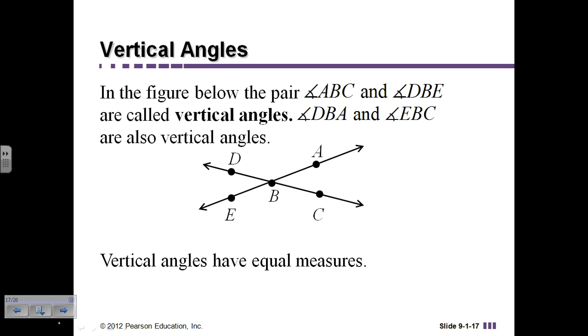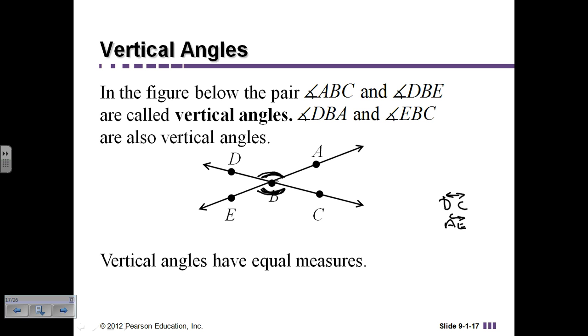So in this case I have line DC, and I have line AE, and they're intersecting at point B. So AE and DC form vertical angles. And the vertical angles in this case are this angle on top, and the angle directly across from it, this angle on the bottom. Those angles are vertical angles.